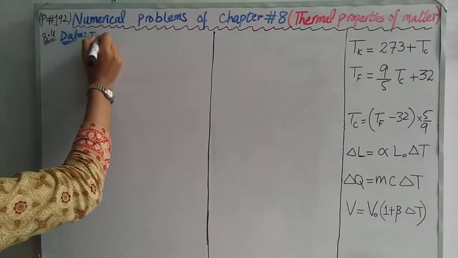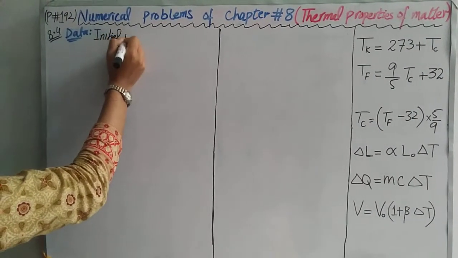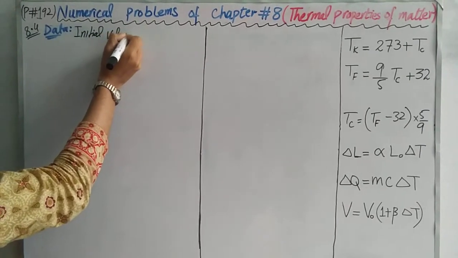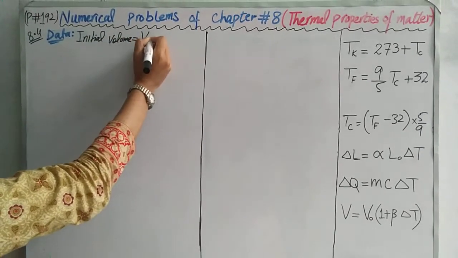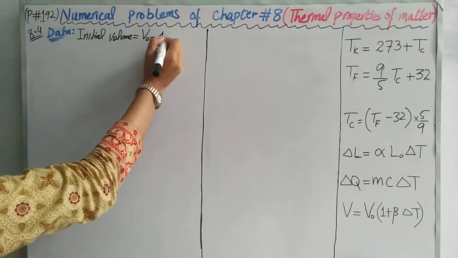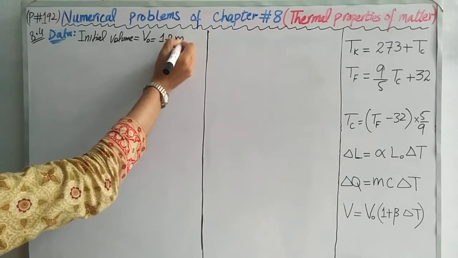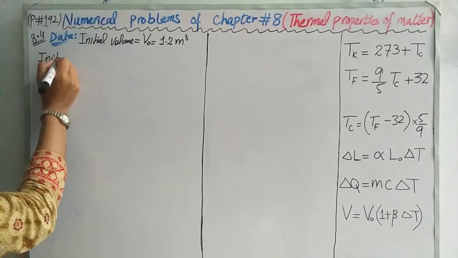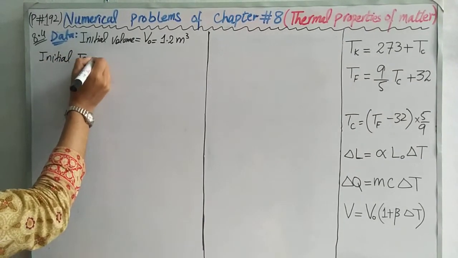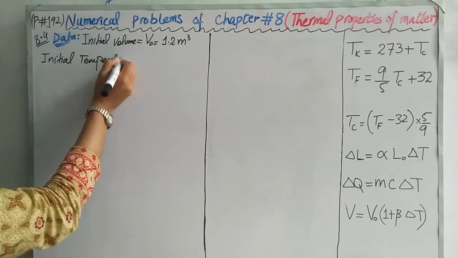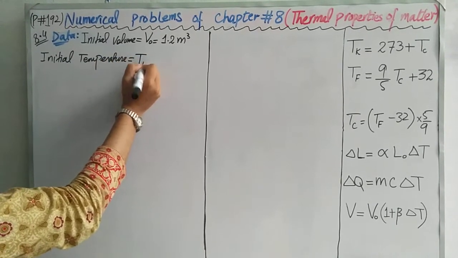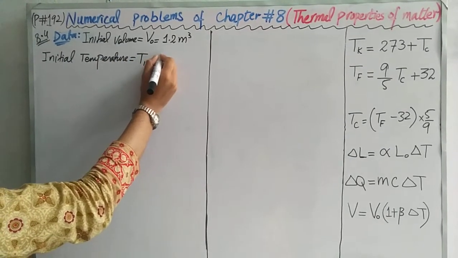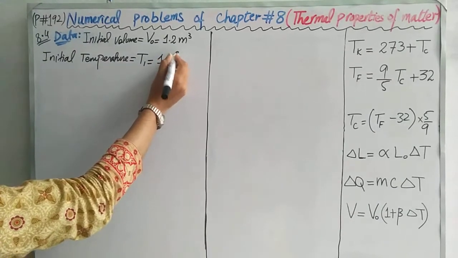Data: initial volume represented by capital V naught is equal to 1.2 meter cube. Initial temperature, represented by T1, is equal to 15 degrees centigrade.